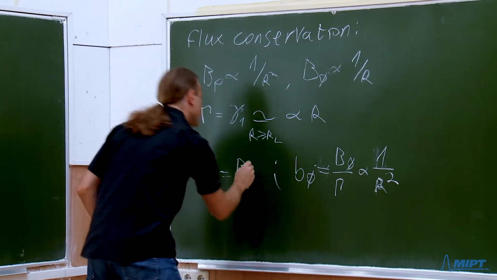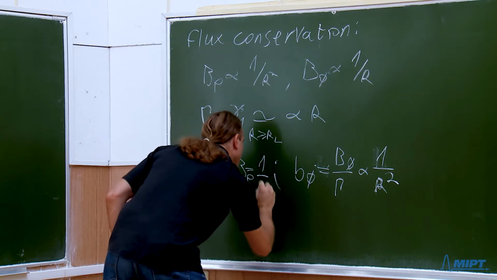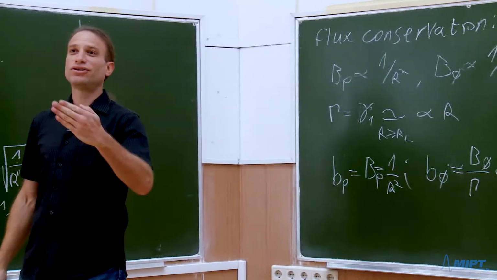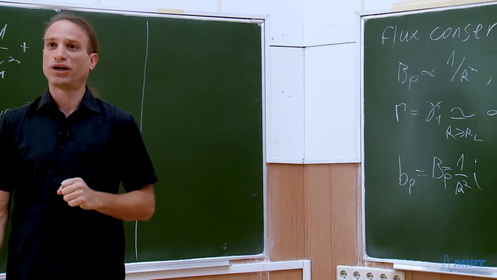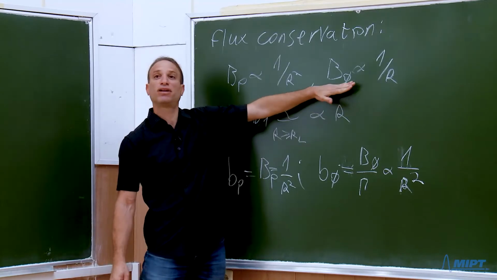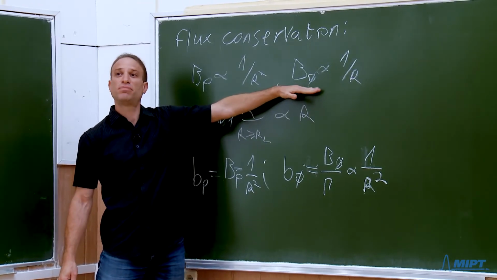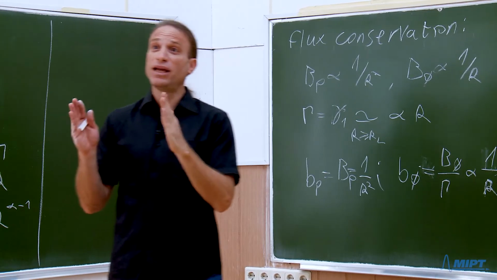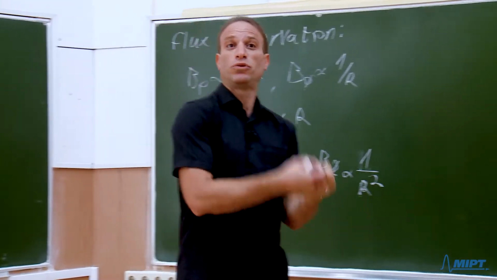This is also 1 over r square. So both quantities change together like 1 over r square. But remember that I told you that flux conservation tells us that B phi should change like 1 over r. So in the rest frame, B phi changes faster than what it wants to be.